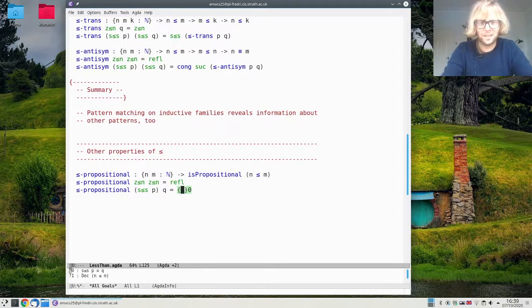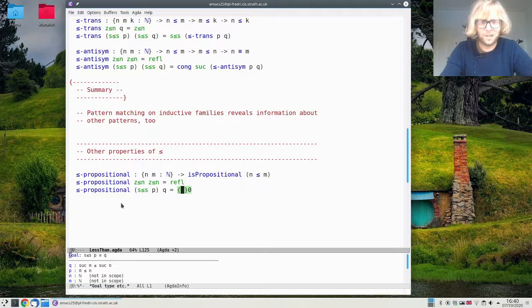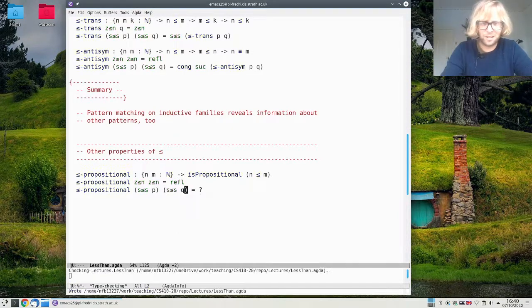And similarly here, by learning that the first constructor was one of these s less than s, then I know that I've refined the type of Q to be suc m less than suc n, which again, if I pattern match on Q, I learn that there's only one way to be that. It's if it's the second constructor.